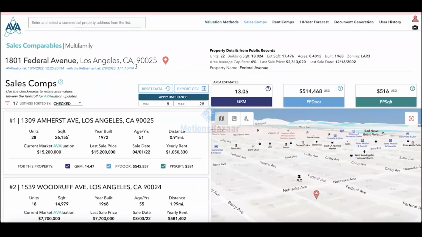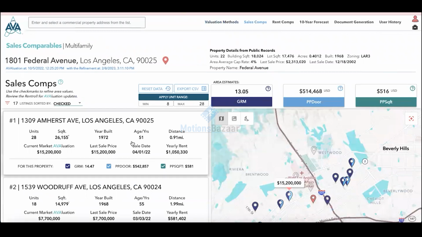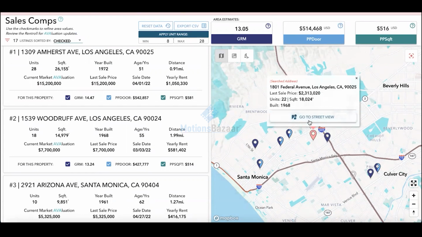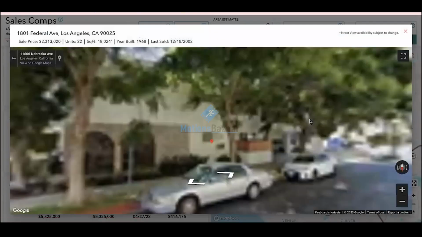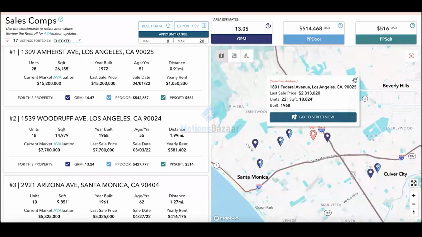I see my 13.05, but I start to look at the comps in the area. Now I can see with each one of these comps, this is the subject property, right? So I click on that, I can go to a street view of the property, and I can see that's the building. Okay, that's a good reference point for me. So I get out of that photo.